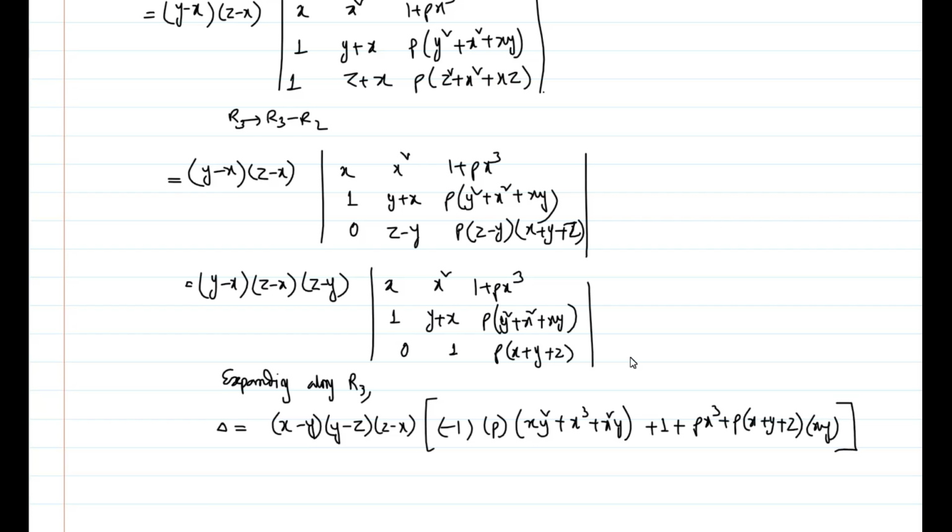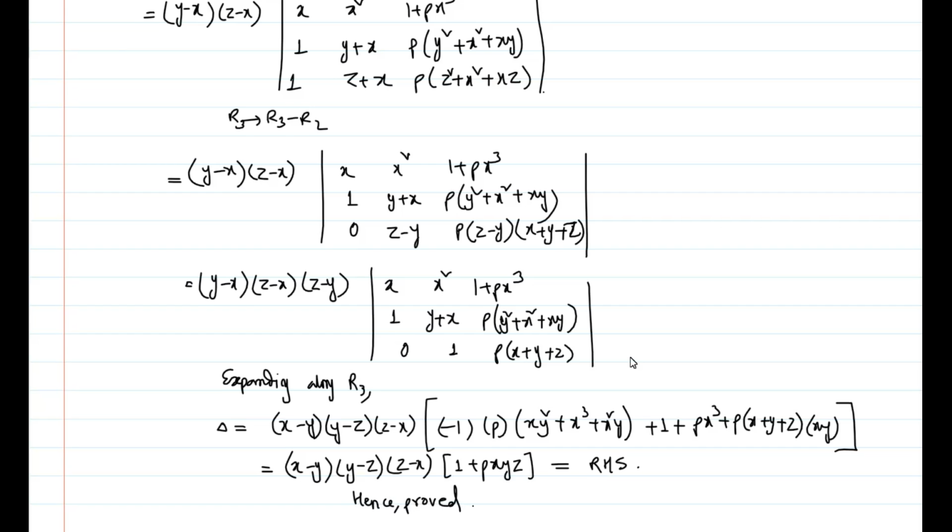Alright, so if you solve it, you will be getting the required answer. If you just simplify it, you can do it, it's just algebra. So it will be 1 plus p x y z, and this is what we were required to prove. This is equal to RHS, hence it is proved.